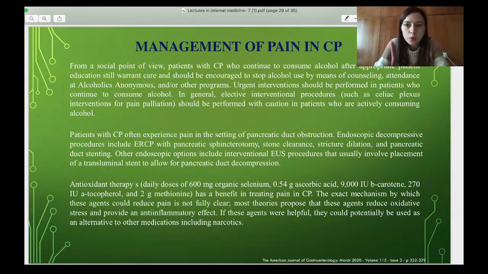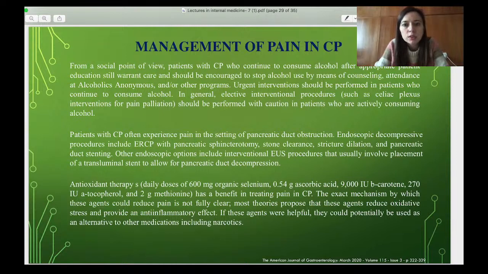From the social point of view, patients with chronic pancreatitis who continue to consume alcohol after appropriate patient education should be encouraged to stop alcohol use by means of counseling, attendance at Alcoholics Anonymous, and all other programs. Urgent interventions should be performed in patients who continue to consume alcohol.